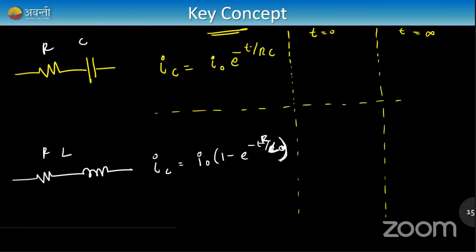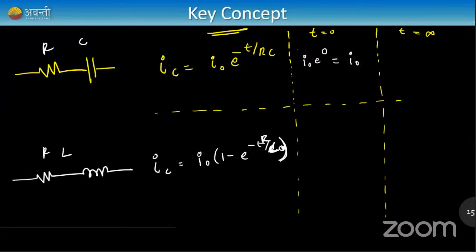Initially, whenever I just switch on the circuit, what will happen to current? This current becomes I naught into e raised to minus t by RC, with t equal to 0, so the exponent is 0. E raised to 0 is how much? E raised to 0 is 1. Therefore, current is equal to I naught.